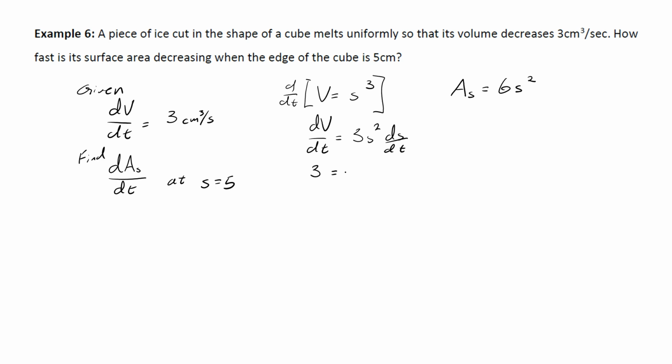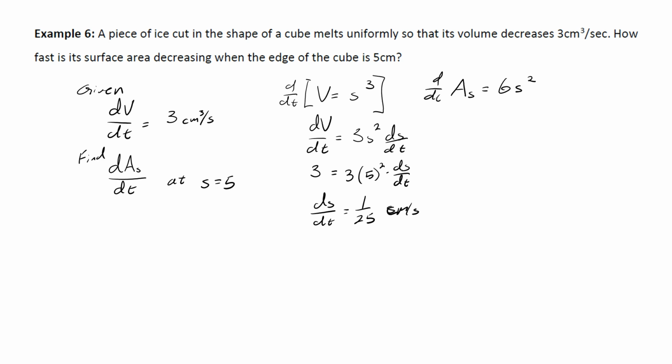So this equals 3 times 5 squared times ds/dt. Solve for ds/dt, and I should see that ds/dt is equal to 1/25 centimeters per second.